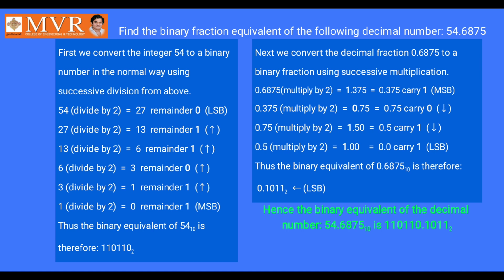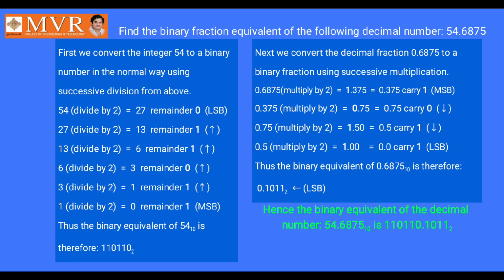Here the base is 2. So 0.6875 is multiplied by 2 and you get 1.375. You keep the integer part aside, and the fractional part is used for the next multiplication with 2; the integer part, like 1, will be used as our final value.